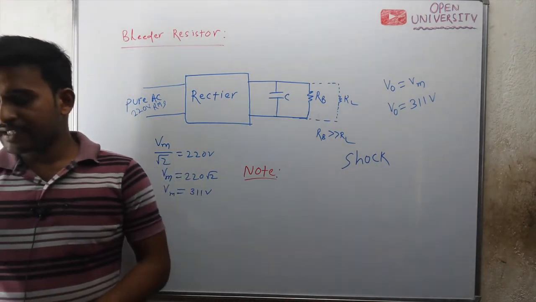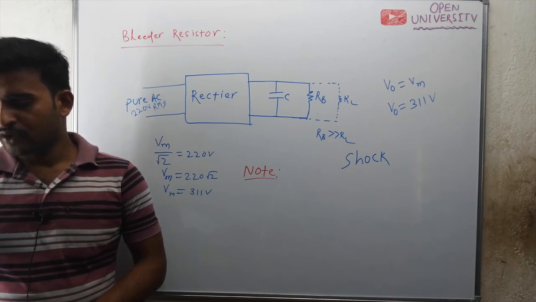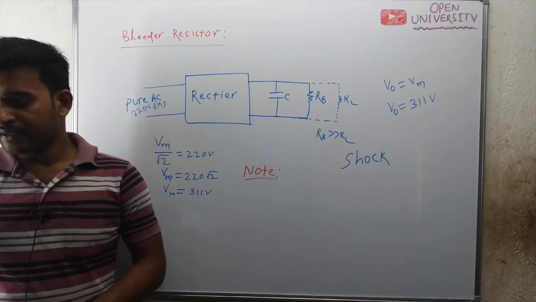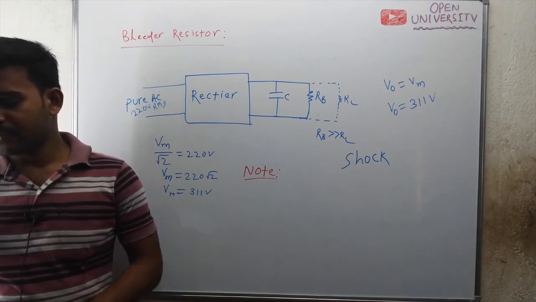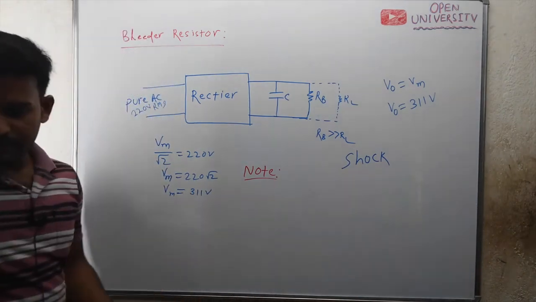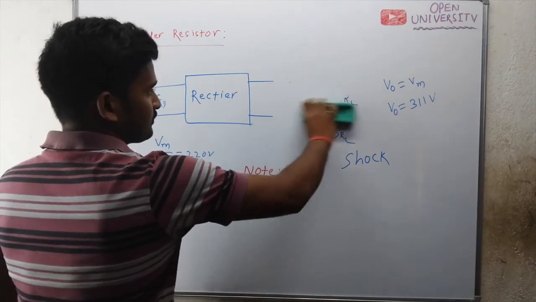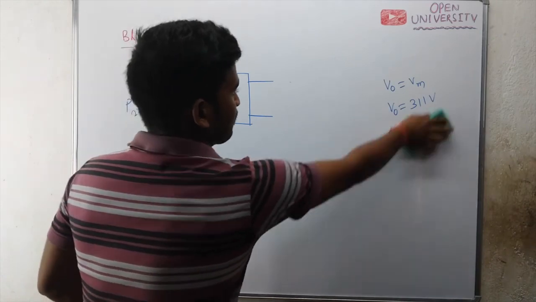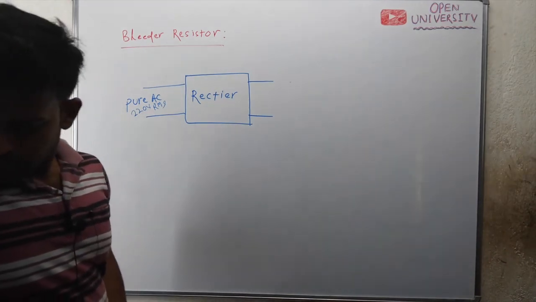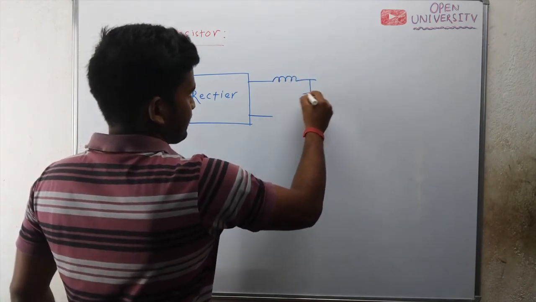Bleeder resistor is used in LC filter also, to provide a path for inductor current in absence of RL. See, this is your LC filter.